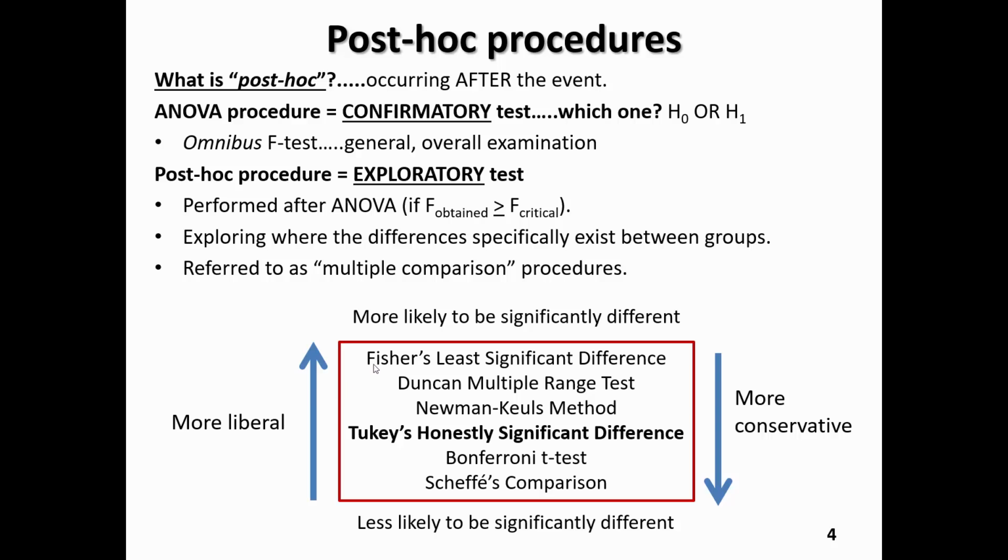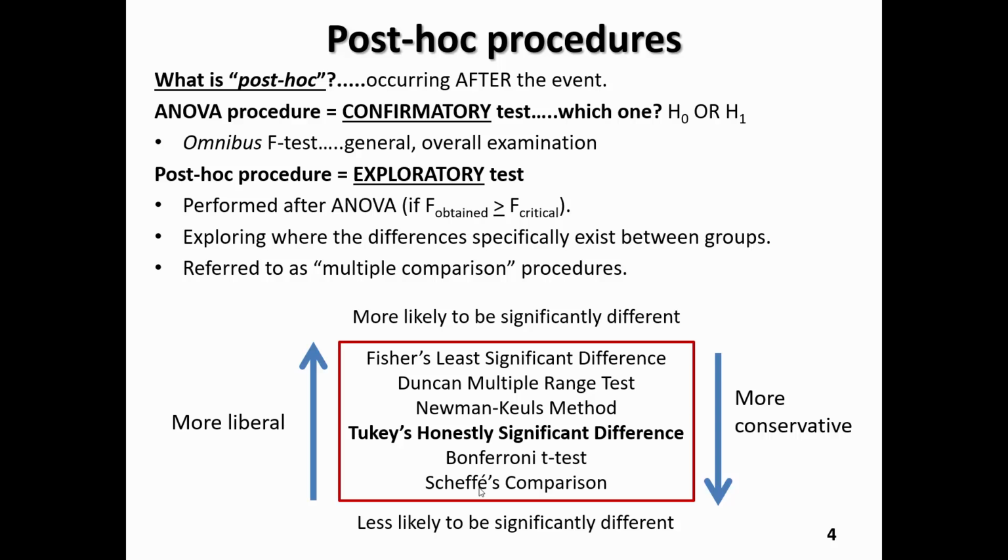That means that the standard for establishing a difference between any two groups is the lowest as we move from the bottom to the top. Stated otherwise, if we move from the top to the bottom in our selection of these different procedures, we become more conservative.